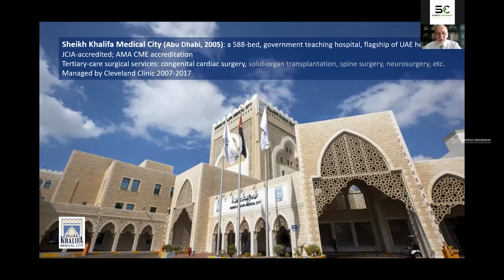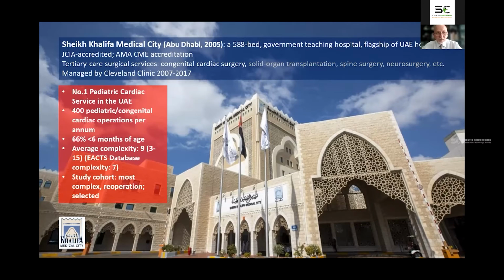We undertook the study in Sheikh Khalifa Medical City in Abu Dhabi, which is the number one pediatric cardiac service in the UAE, where we perform around 400 surgeries per annum, mostly on a neonatal and early infant population with a higher complexity compared to the international average.